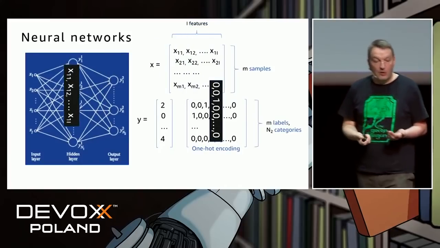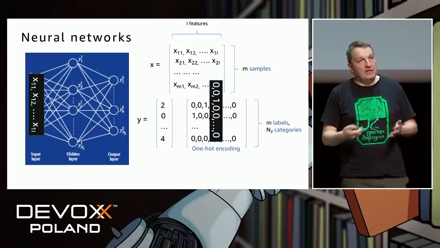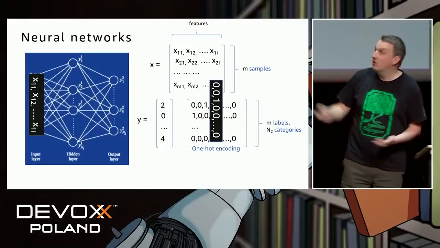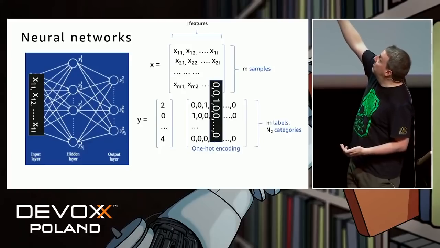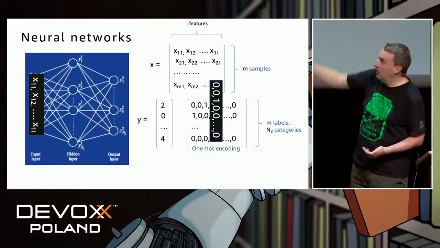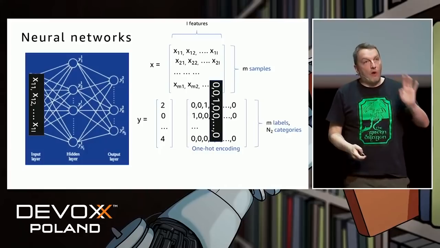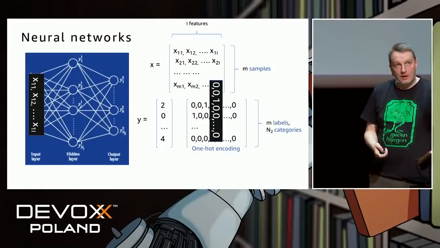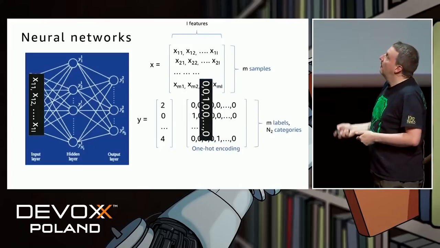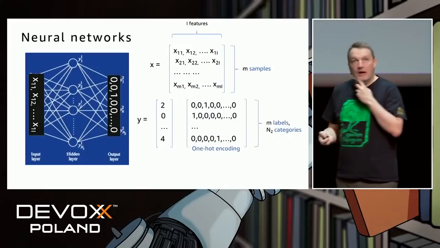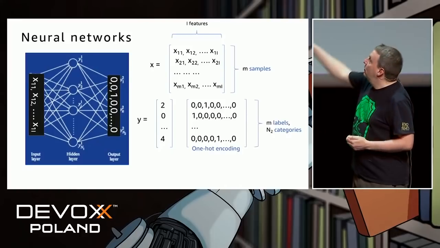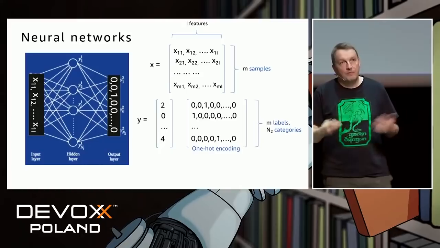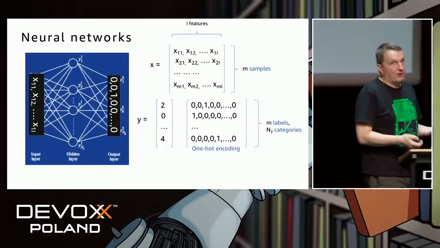We take a data sample, and as you guessed, we need as many neurons in the input layer as we have features. Okay, so if we have 1,000 pixels here, we'll need 1,000 neurons here. Then we run what is called forward propagation, so running that sample through the model, multiply, accumulate, activate, etc. And you read some results on the output layer. And again, if you have 10 classes, you will need 10 neurons on the output layer, okay? And you will read the probabilities for each class.